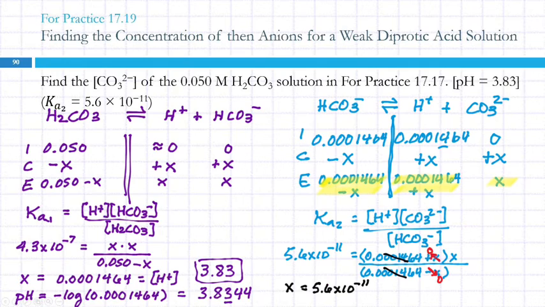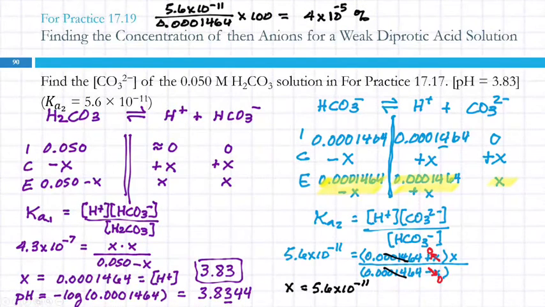We need to check and see, is x small enough? 5.6 times 10 to the minus 11, we're dividing by the number we're adding or subtracting it to, 0.000146, times 100. And we get 4 times 10 to the minus 5%. That's super small.